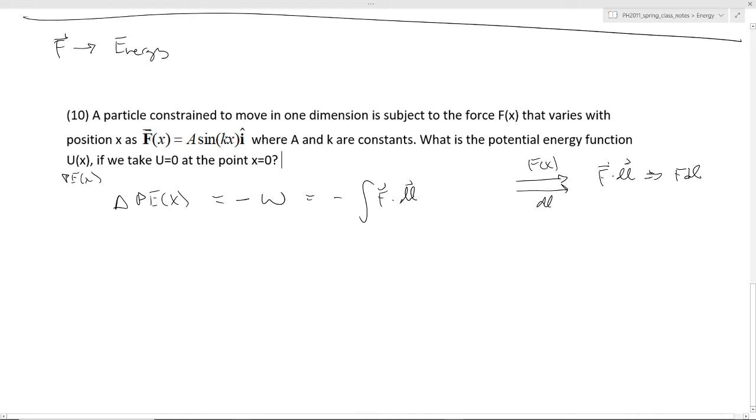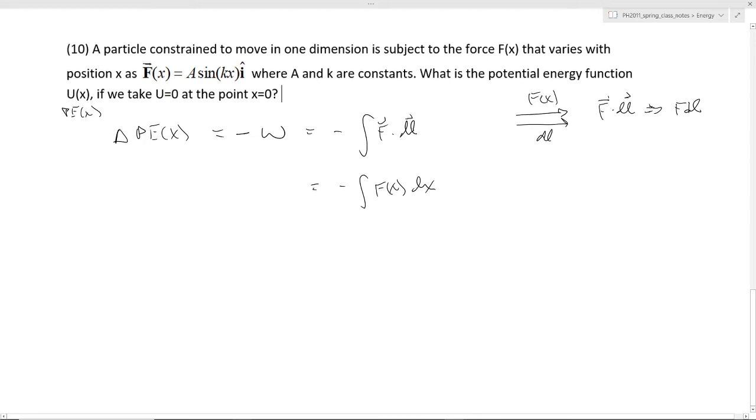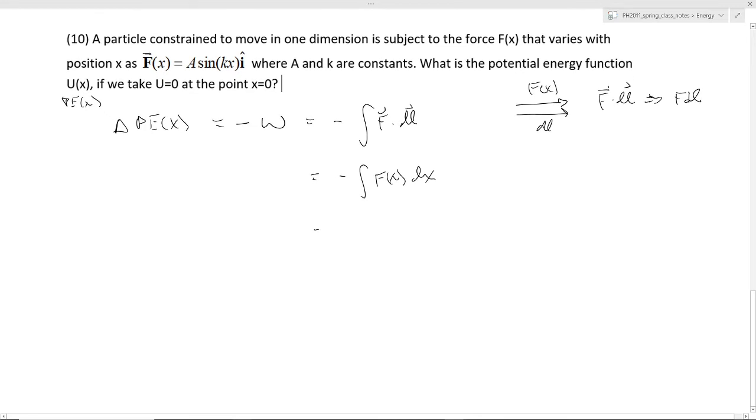But we're making the assumption that these are aligned, and so we just need to integrate f of x dx. Okay? So let's do that. What does this look like? We just need to integrate the function a sine kx dx.